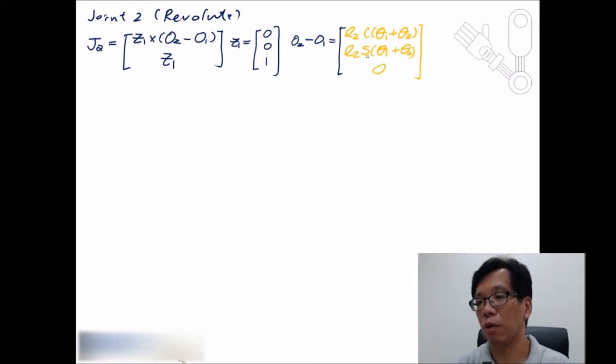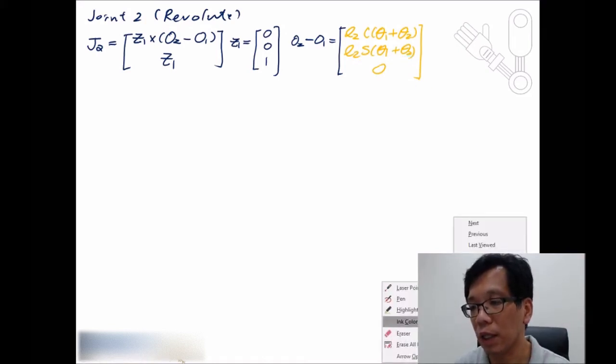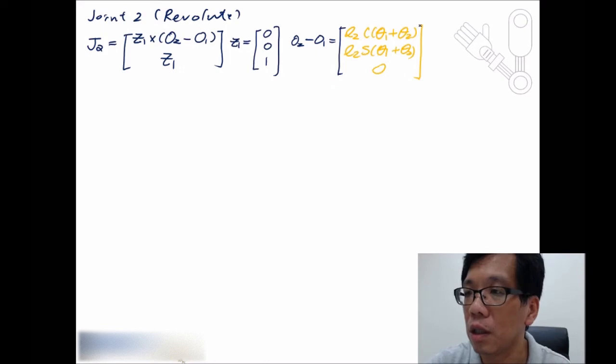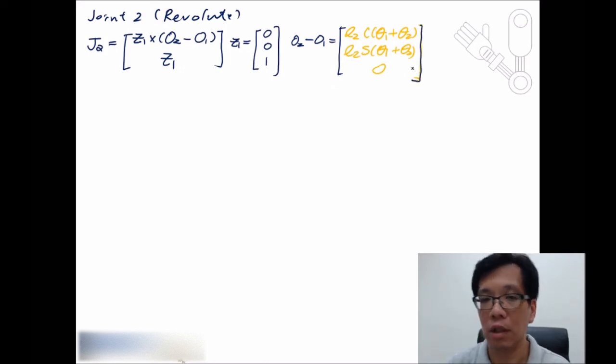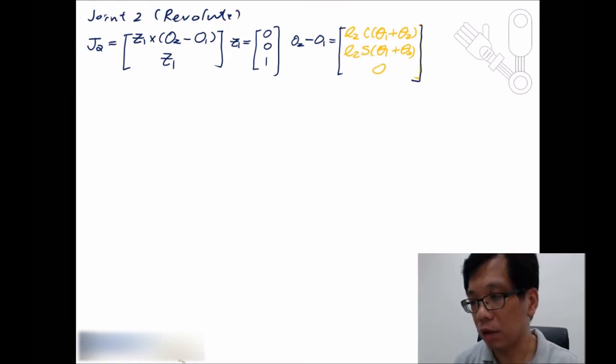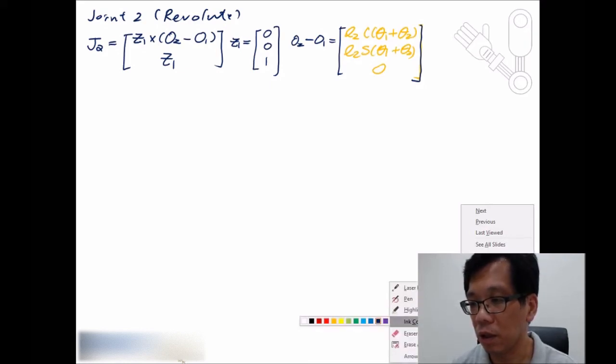Okay, so now we got all our information over here. So next thing we want to do is to find out what are the 6 components based on the formula we have over here.